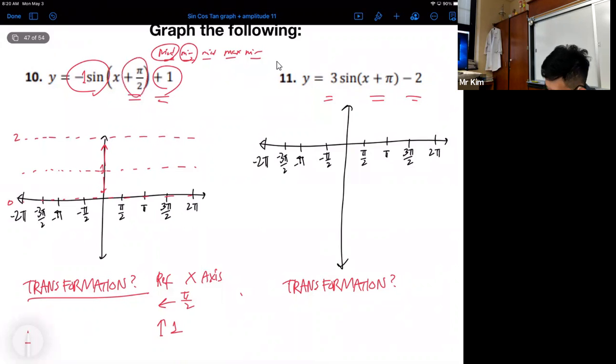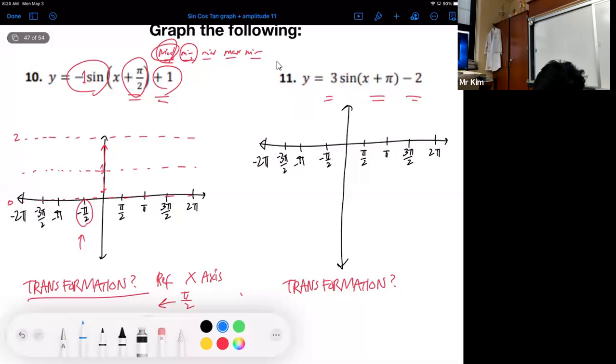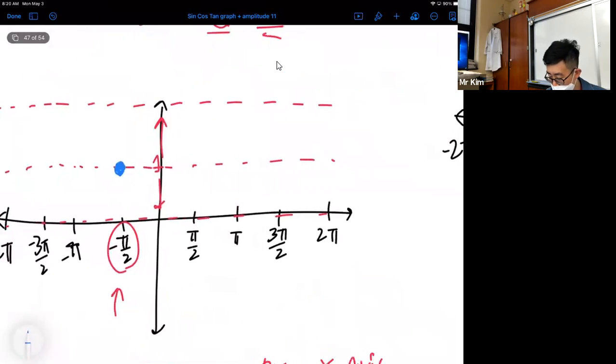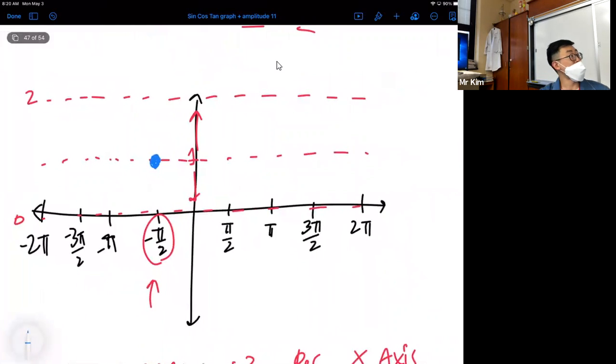I move left by pi over 2, like Nora said. So I know that here, that's where I'm going to start from. And the starting point is going to be at middle. So I'm going to do it right here. Then the next one on the list is moving right. Every pi over 2 increments, that's where those points are going to happen: max, middle, min, or whatever.